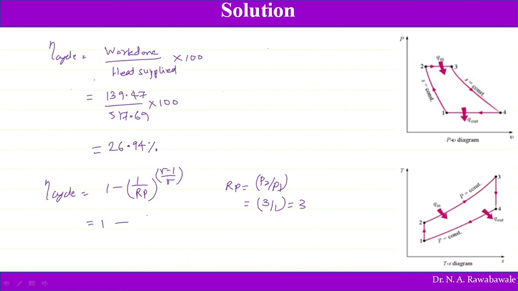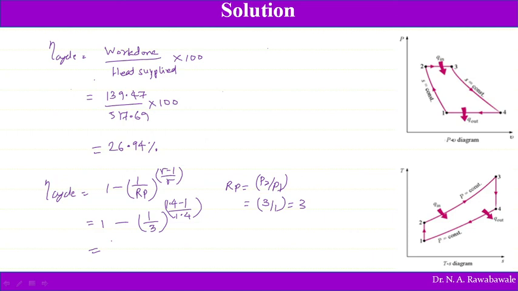Therefore, 1 minus 1 divided by 3 to the power of 1.4 minus 1 divided by 1.4. This gives us efficiency of cycle by another method.